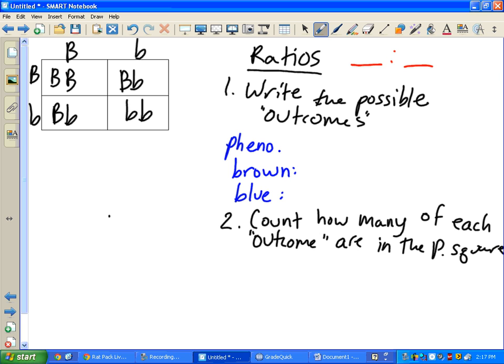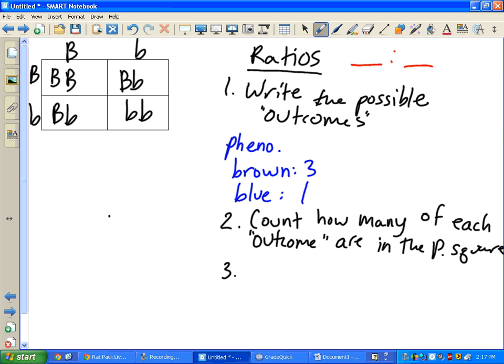All right. So now what we're going to do, okay, we've got one brown here, another brown, and another brown. So that's 3 browns in our Punnett square, so you write that down. And then you have one blue here. 1. All right.